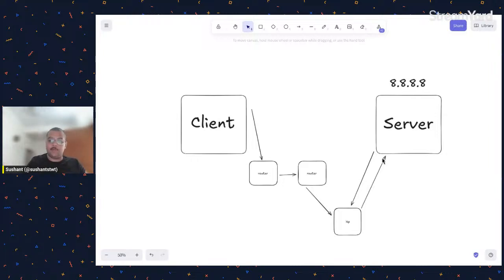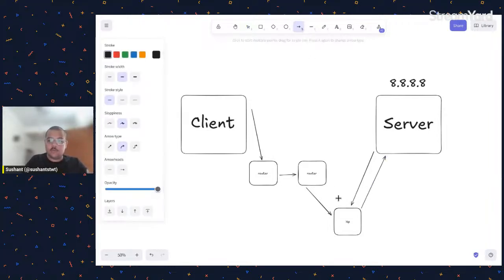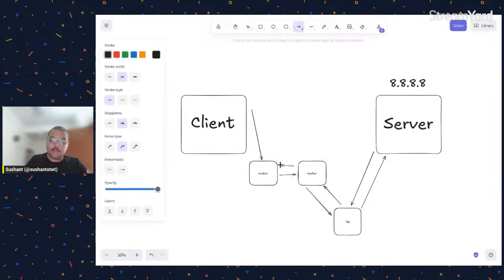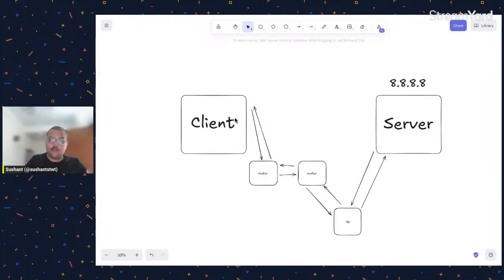I can just take a U-turn and come back, and decide how I want to come back, which is convenient for me. But for simplicity, let's say that it comes back using the same route. So it comes back to this router, then this router, and I am back at the client. So I go and I come back.